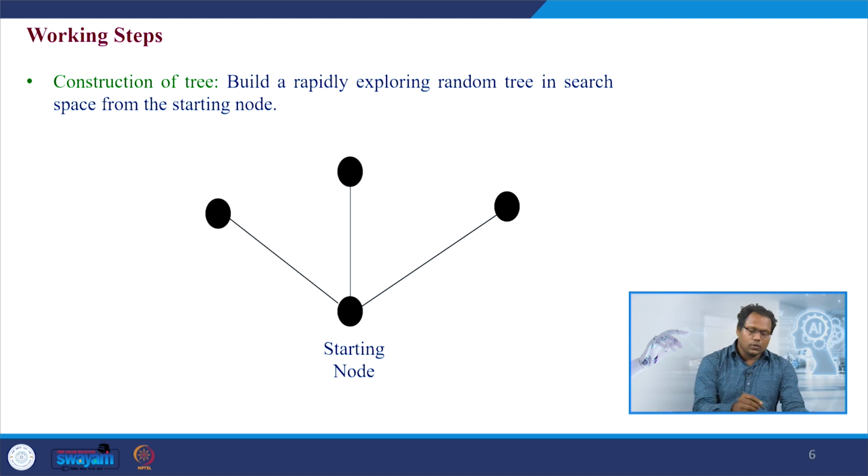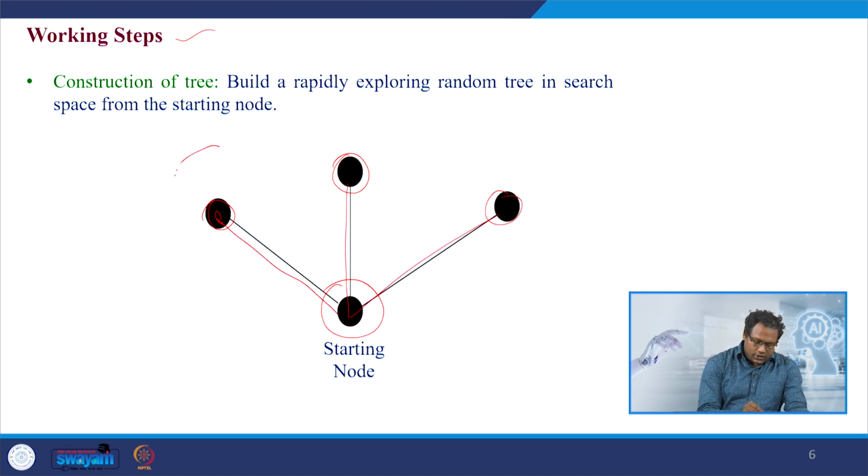Now, let us see the working steps involved in RRT. First, we have the construction of tree. Let us build a rapidly exploring random tree in search space from the start node. This is the start node, and from which we have the nodes which are connected to the start node, thereby we have the initial tree.